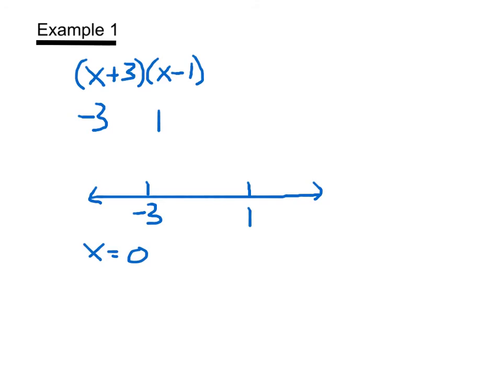If I do that, you can quickly see that I have 3 times minus 1, and that's a negative number. Well, 0 is right here on the number line, so the middle portion of our sign diagram will be negative, and then we use the alternating rule. Because I'm dealing with single factors here, not factors that are being squared, I know that the signs alternate, and I can just fill those in.